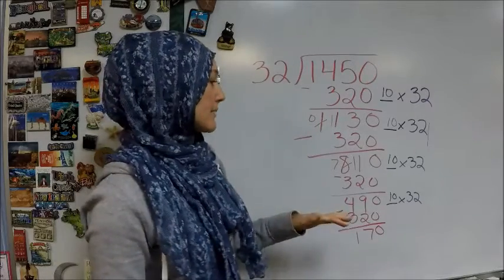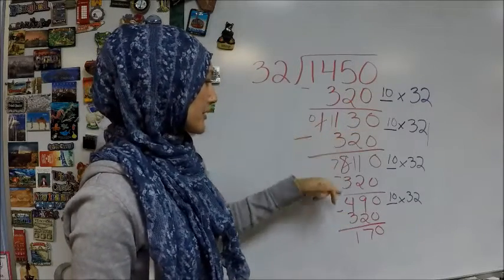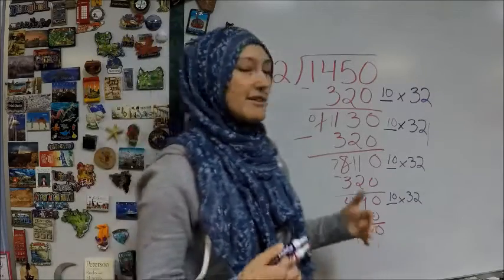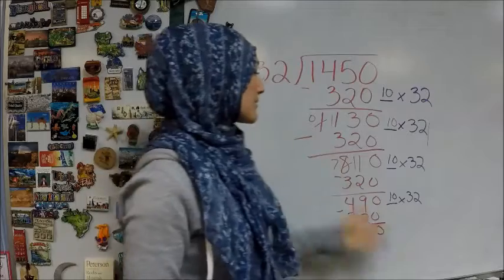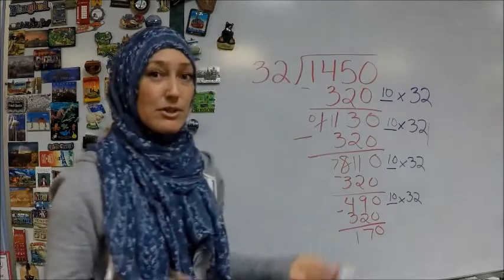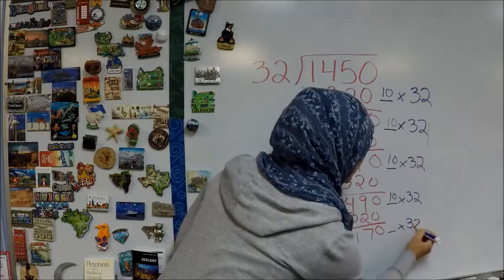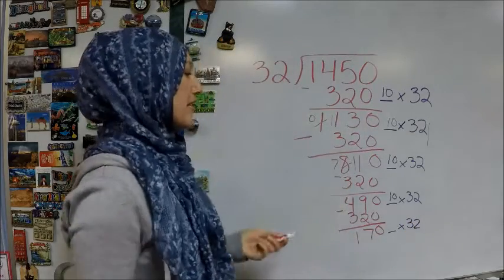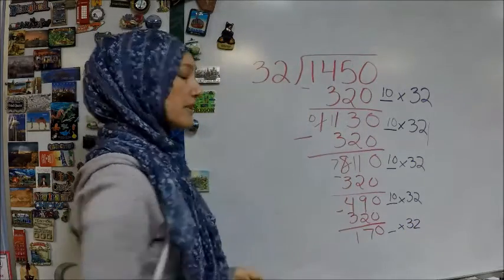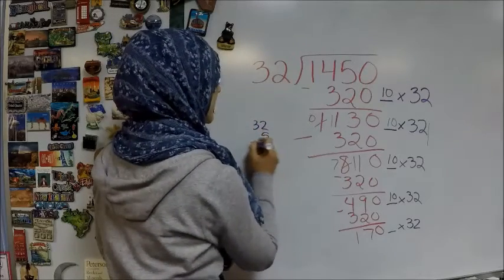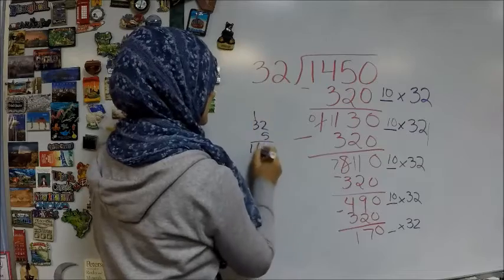And now I have to pause because I've been using 320, but that's too big to get down to 170. So I need to use a different number. So maybe I'll multiply by 5 or by 2 or something. So I can do, let's try 5. So if I want to do a little scratch area on the side, I can if I want to. 32 times 5 is 160.